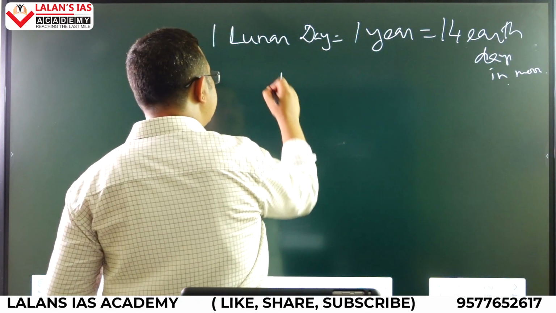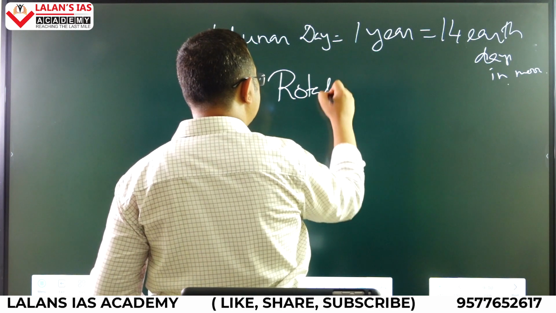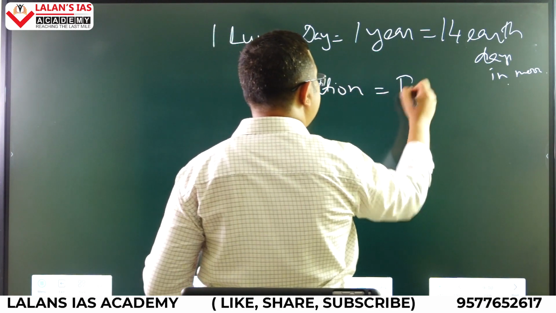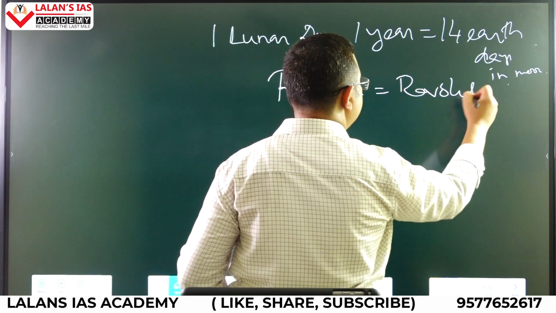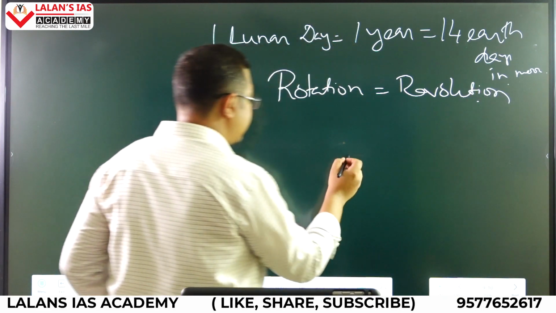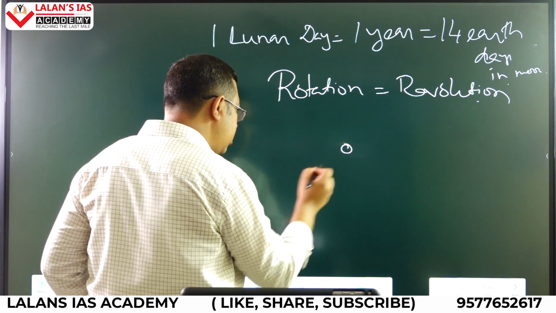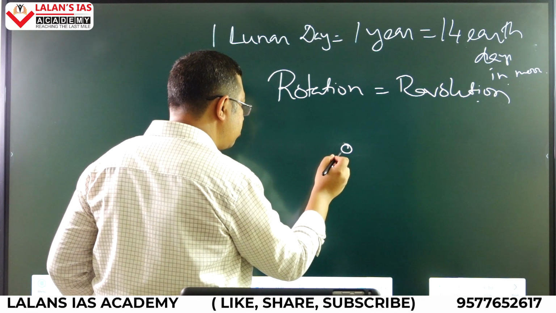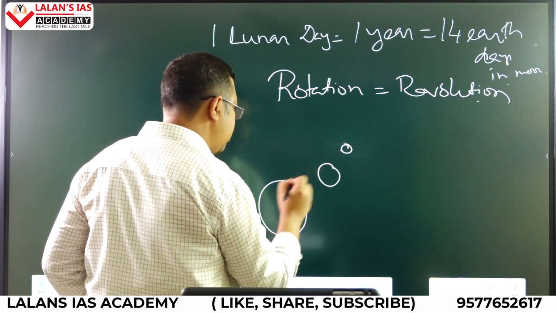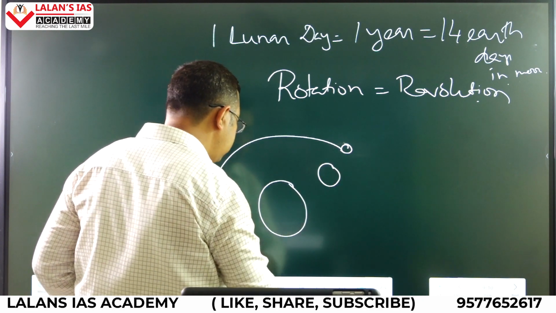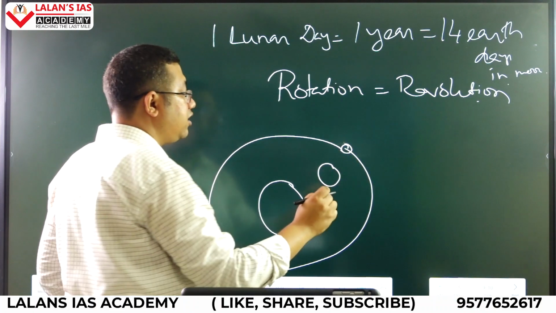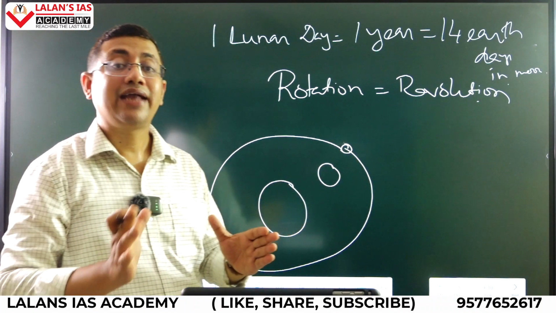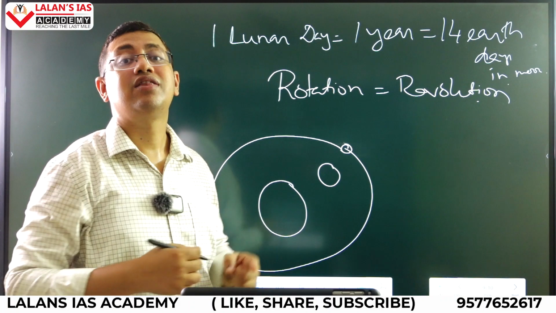It is so because the rotation of the moon is equal to the revolution of the moon. This is the earth, this is the moon, this is the sun. The time taken by the moon to complete one revolution is exactly equal to the time taken for it to rotate itself on its axis.